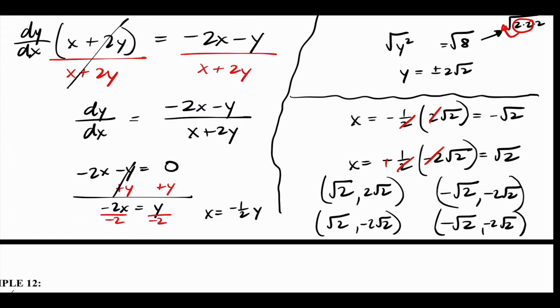There you go. All four. Because there's two y's that work and there's two x's that work. So we want to be sure that they're all represented.